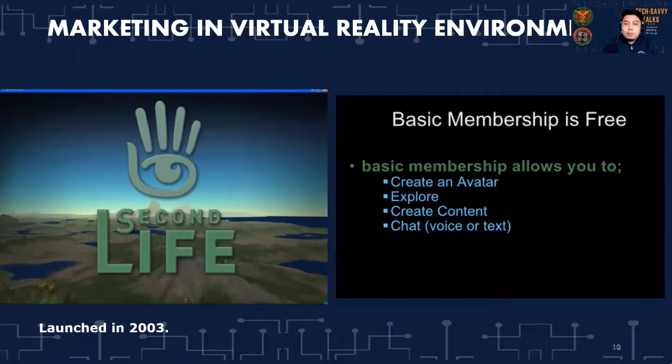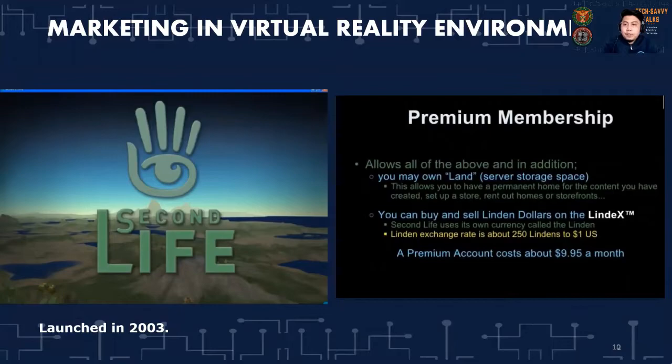So yung Second Life, meron siyang basic membership, pwedeng free. Then sa free, pwede ka mag-create ng avatar, mag-explore, mag-create ng content, makipag-chat or makipag-call. So merong premium membership, babayad ka. Naka-premium membership, pwede kang mag-own ng virtual land, na ang equivalent ay server storage space.